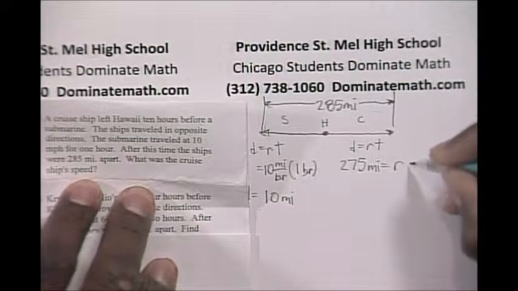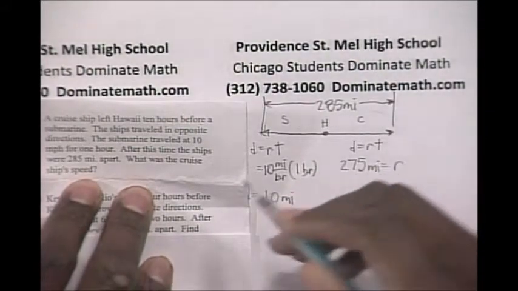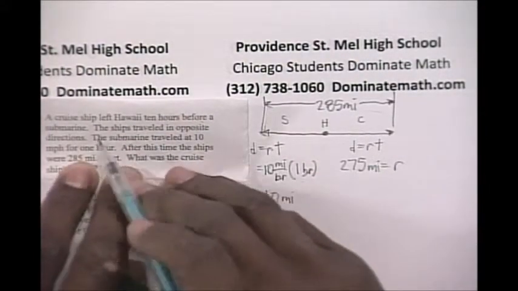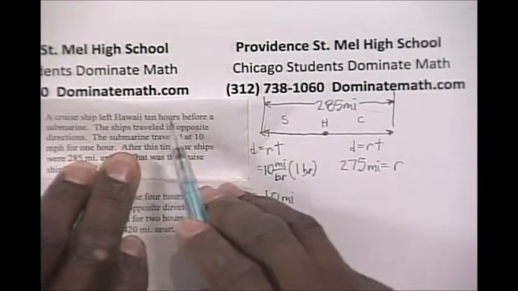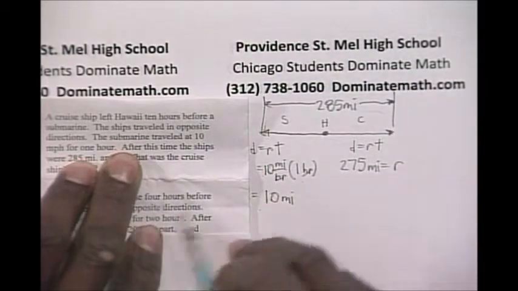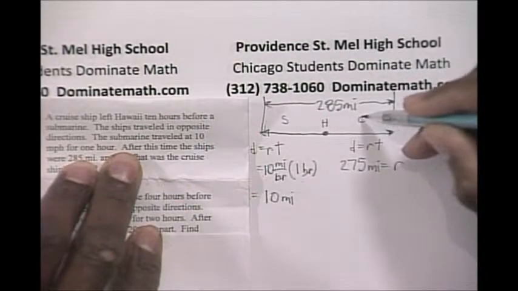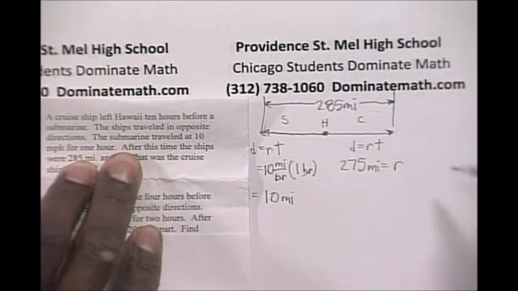The time, according to this, it says that the cruise ship left 10 hours before the sub. So this cruise ship was on the water for 10 hours before the sub pulled off.